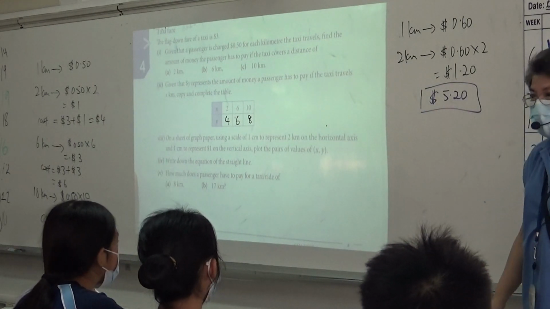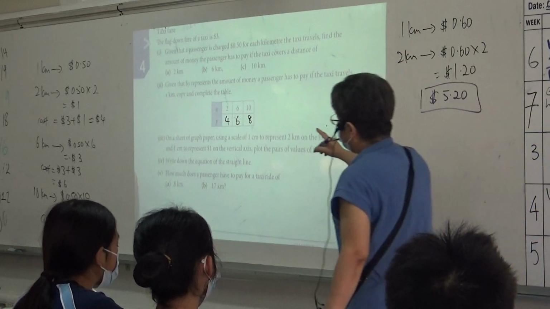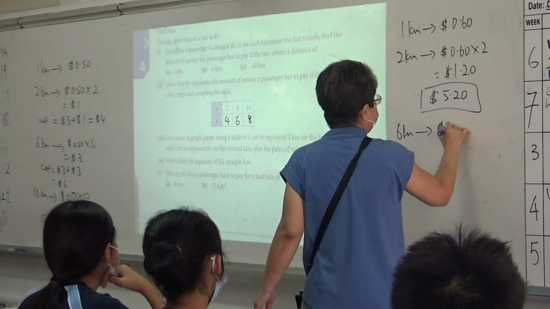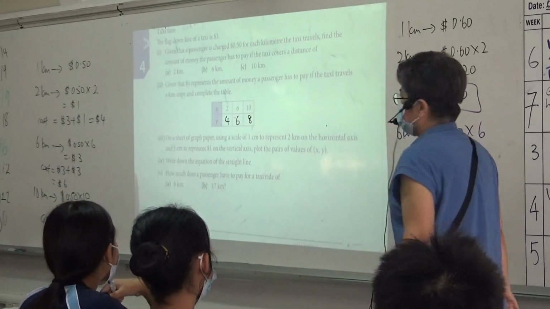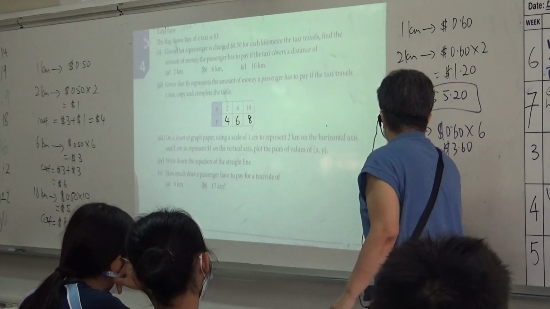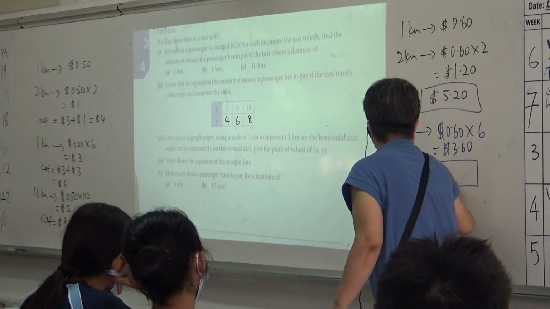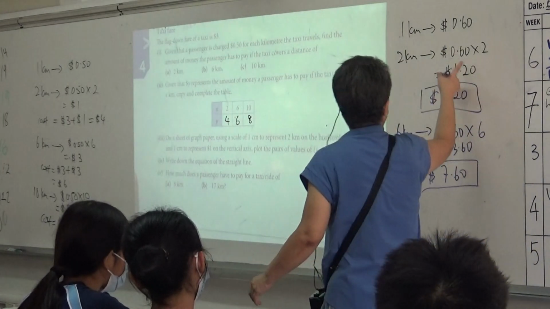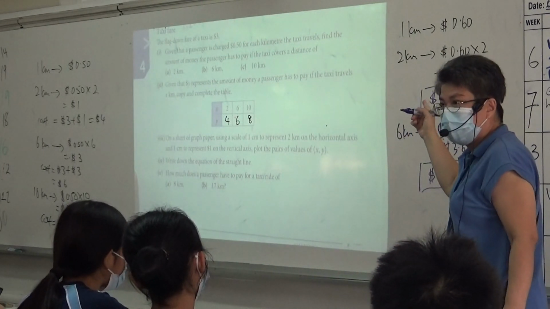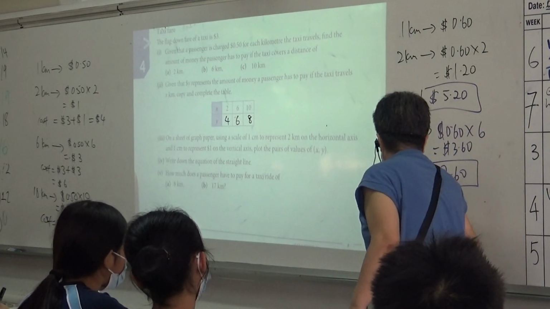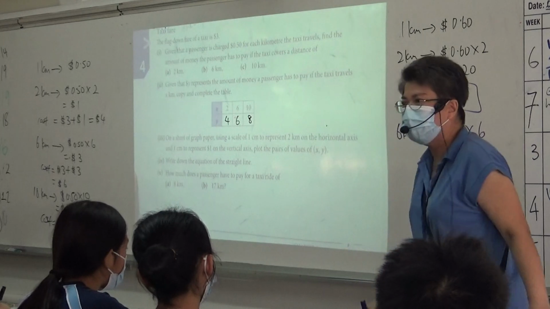Is it $5.20? So the total cost will be 7.60, right? Correct. 10 kilometers of course will be $6, right? $6 plus $4 will be what? Do you agree that the next one will be $10?